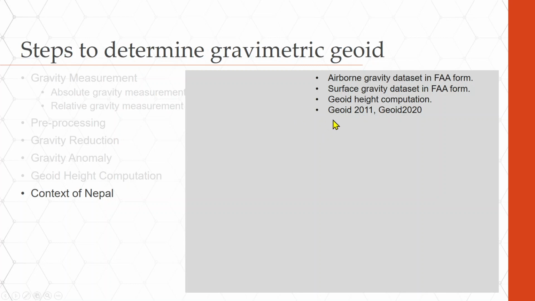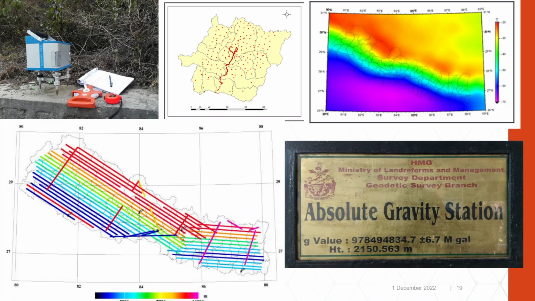In that way, we developed Geoid 2011 in the past, and recently we have developed Geoid 2020. So okay, in this way, absolute gravity measurement combined with relative gravity measurements are used to finally develop the geoid model.